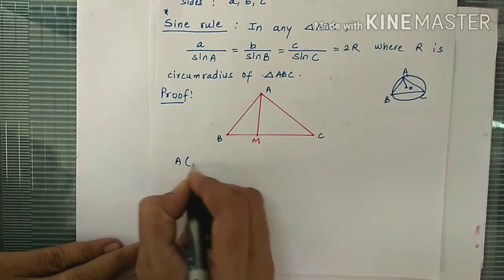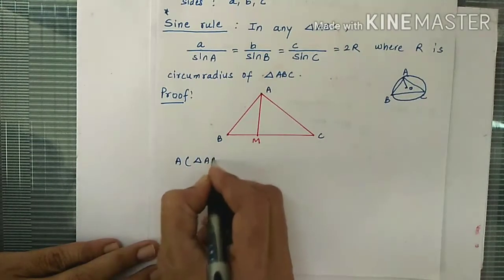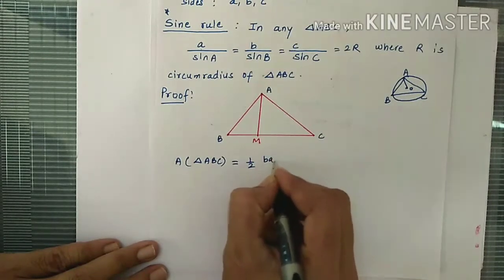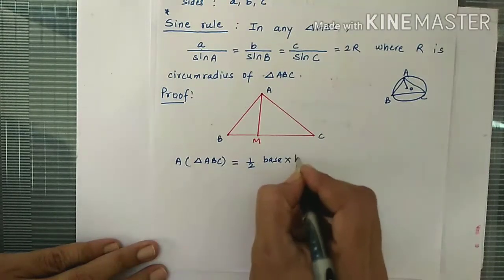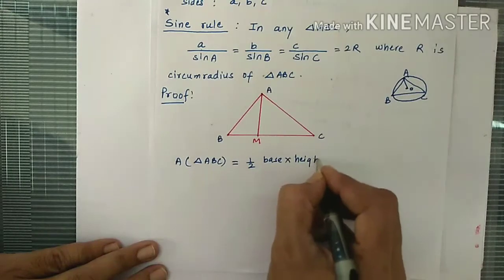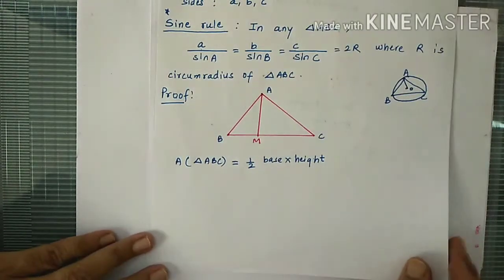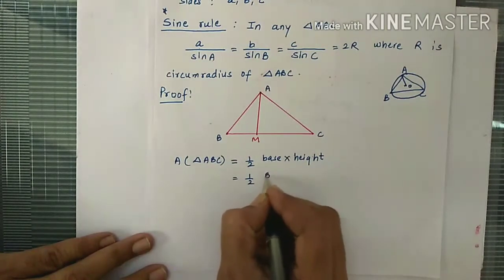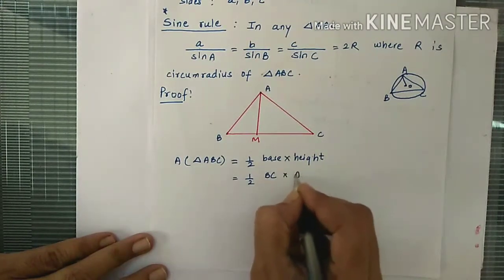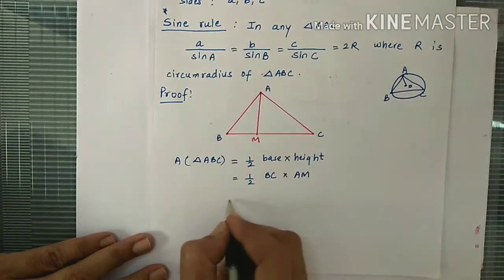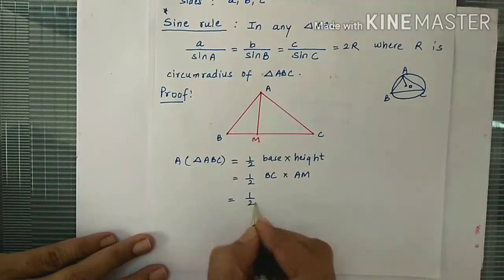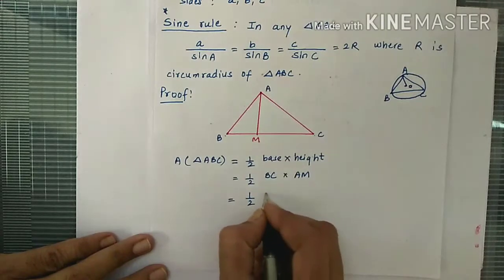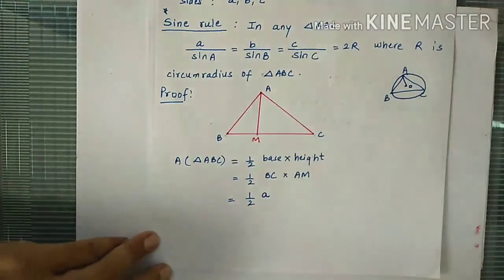Now area of triangle ABC equal to half base into height. So here I have taken BC as base. So it is half BC and height is AM. Now by our convention, BC is opposite to angle A, so it is denoted by small letter a.